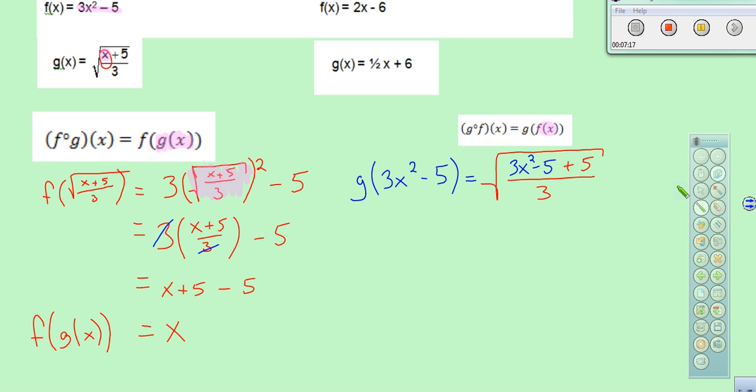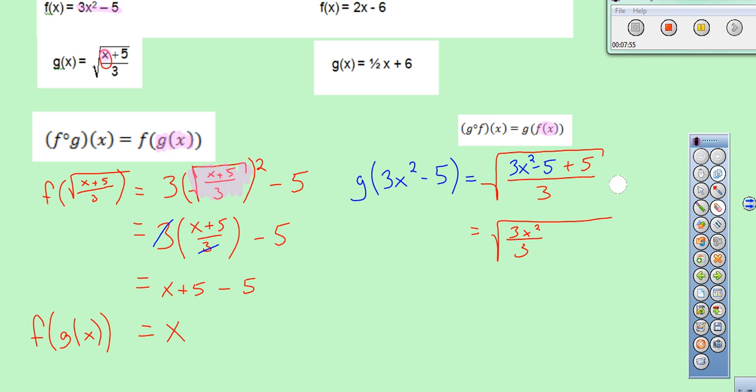Okay, so now I start simplifying. So this goes back to my order of operations. Remember, take care of your numerator, take care of your denominator, and then work yourself out. So negative 5 and positive 5, or minus 5 and plus 5, simplify to just 3x squared.